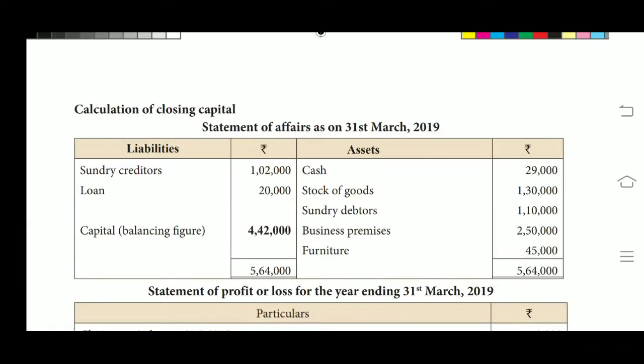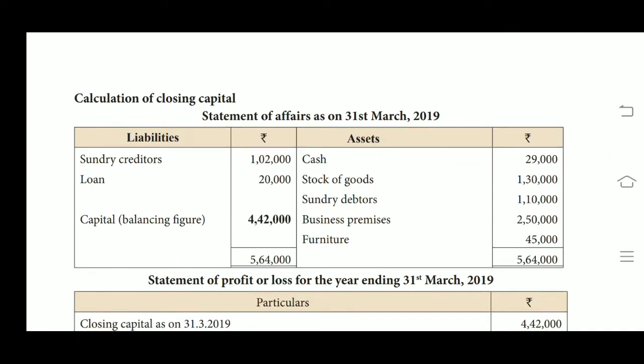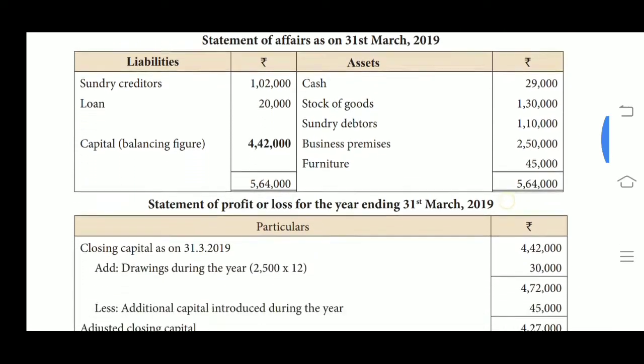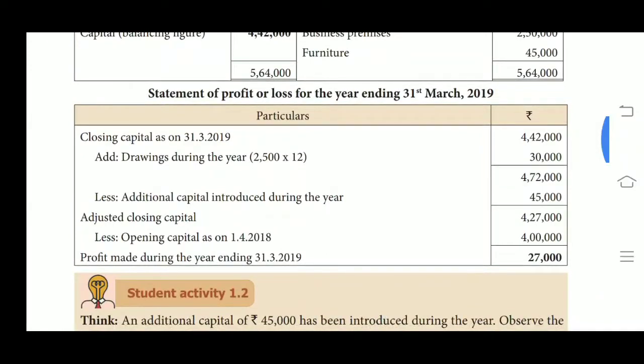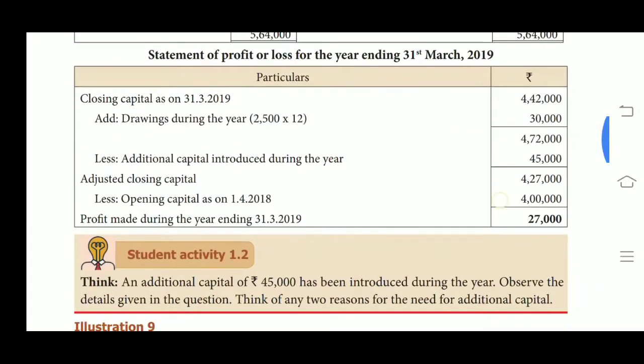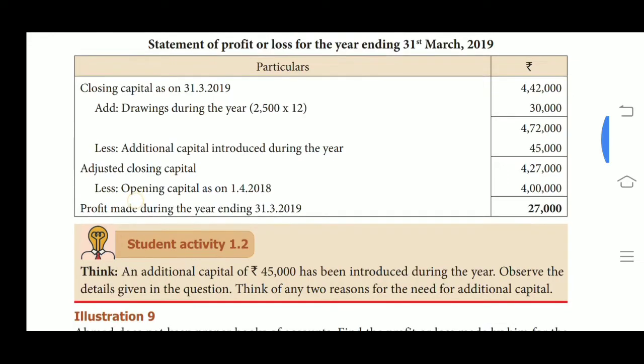So statement of profit or loss for the year ending 31st March 2019. With the help of the missing information format, find out the profit or loss. Closing capital 4,42,000.